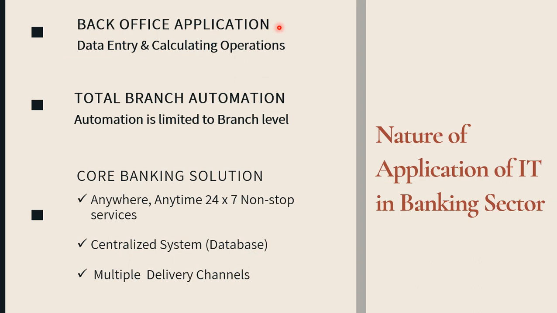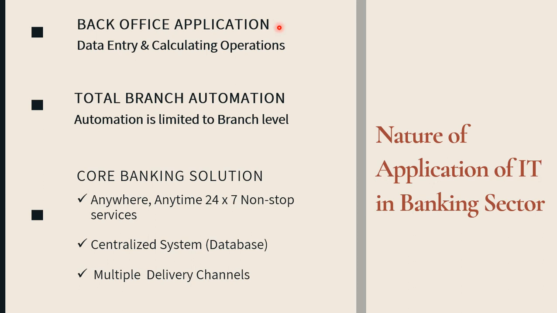In the initial lecture, while explaining the bank computerization process in a narrow sense, I mentioned data entry and calculating operations. This is the first step of application of information technology in the banking sector.